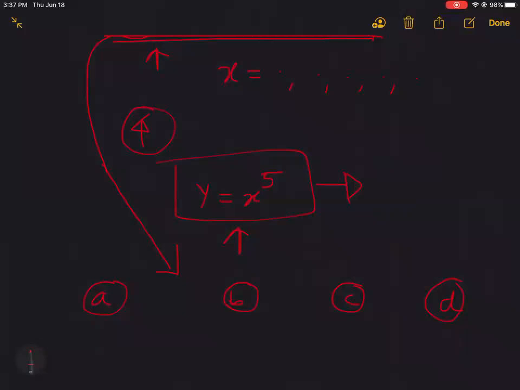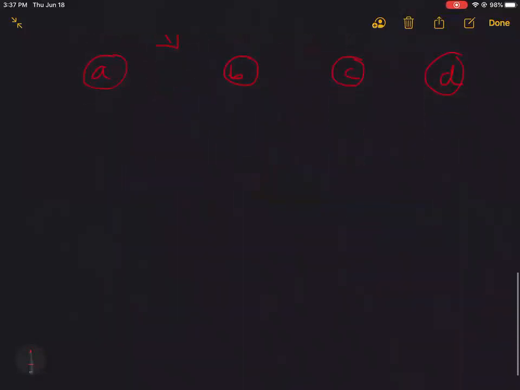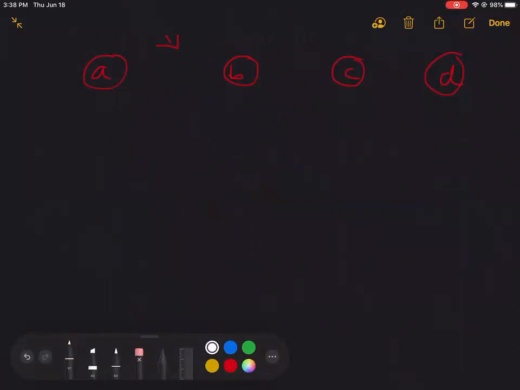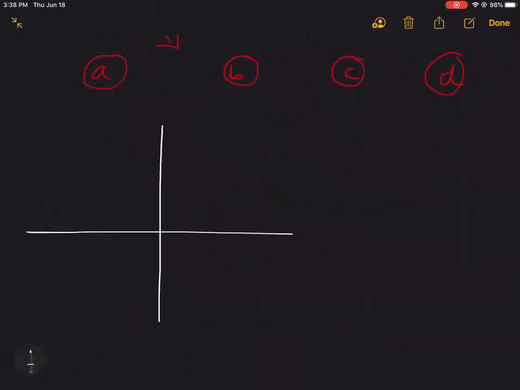Okay, now let me quickly show you the possible graphs of this, and then you will be able to find it. Okay, so let me draw a bunch of graphs for you, or if you have it in front of you, you can always see that.